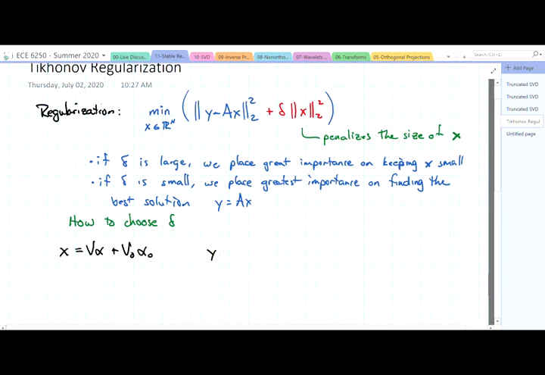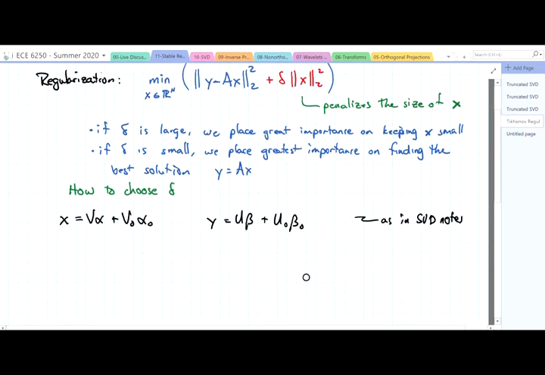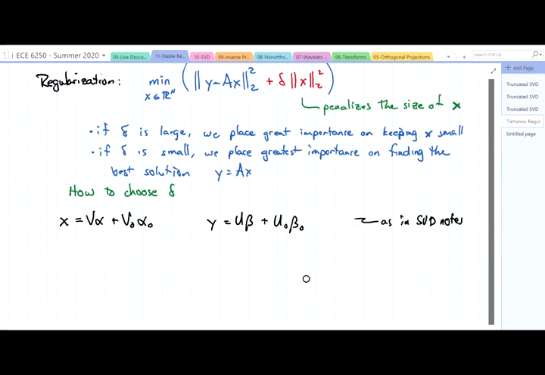So just like we did before when we were looking at our SVD notes, or developing SVD, as in the SVD notes, we're going to break up x and y in terms of the basis vectors from the SVD decomposition of A. Now, for any x, y minus Ax is equal to U beta plus U naught beta naught.